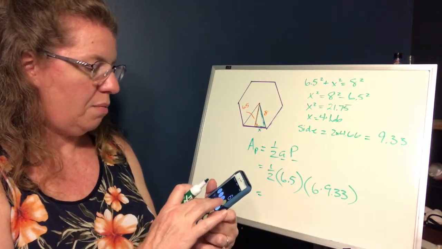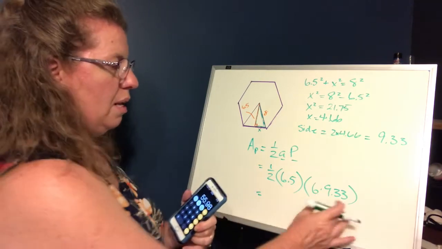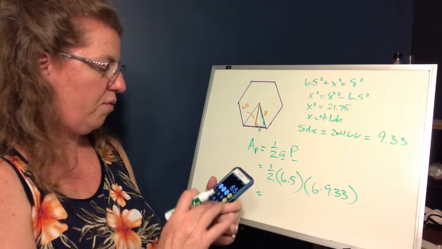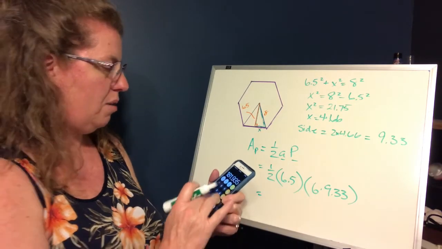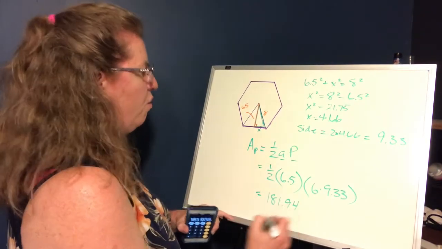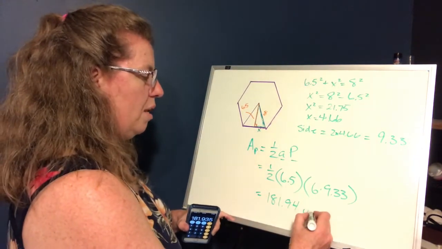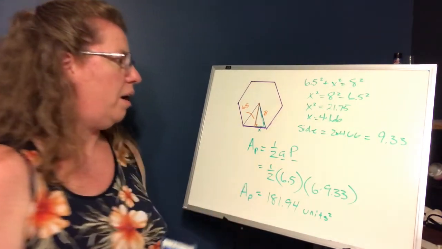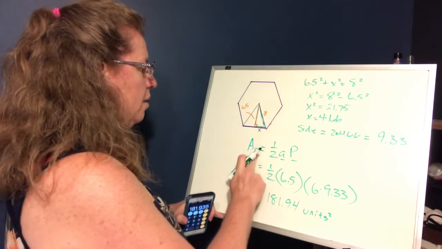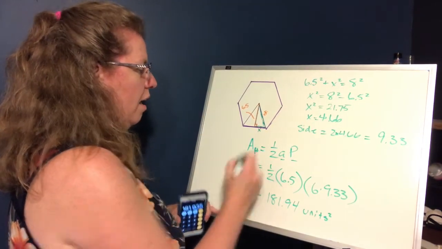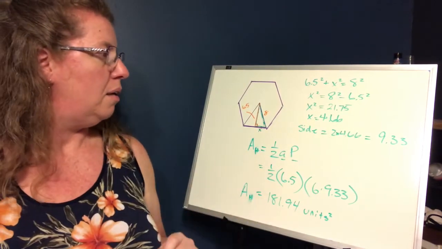So 6 times 9.33, this is 55.98, times 6.5, and the last thing, let's divide by 2. 181.94. Again, we have no units, so we'll just call it units squared. And that's the area of, and I called it a pentagon, didn't I? It's a hexagon. Oops. Okay. Area of our hexagon. All right.